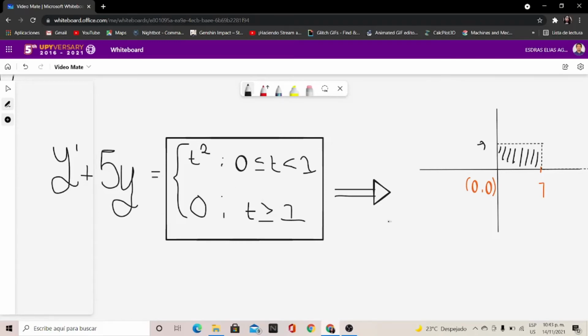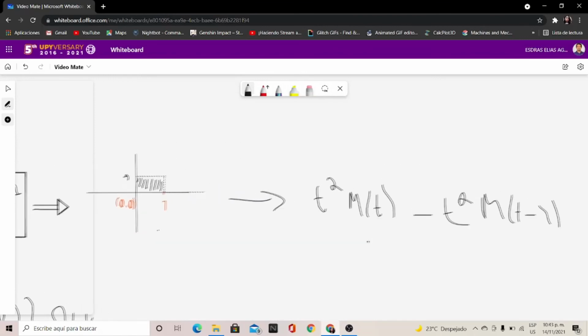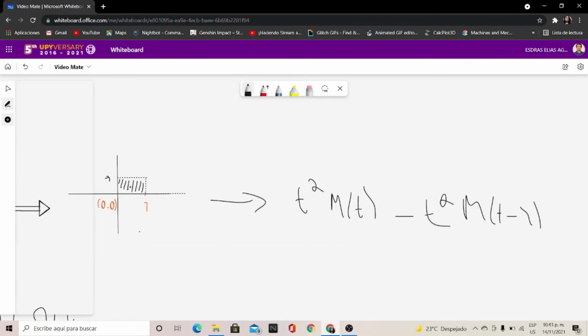The next step to solve this problem is to convert this condition into a form to which we can apply the Laplace transform. The function is activated at the origin, so we have t squared times the unit step related to the origin.